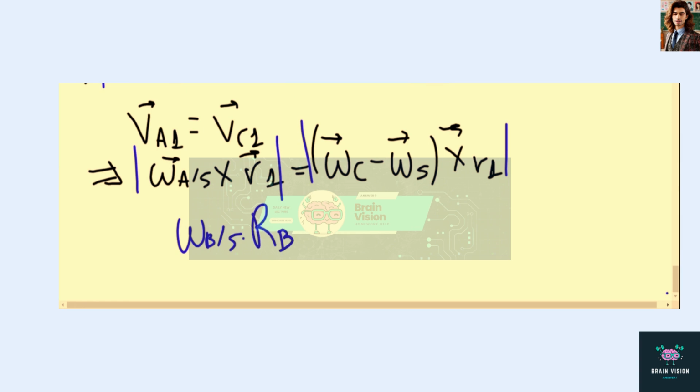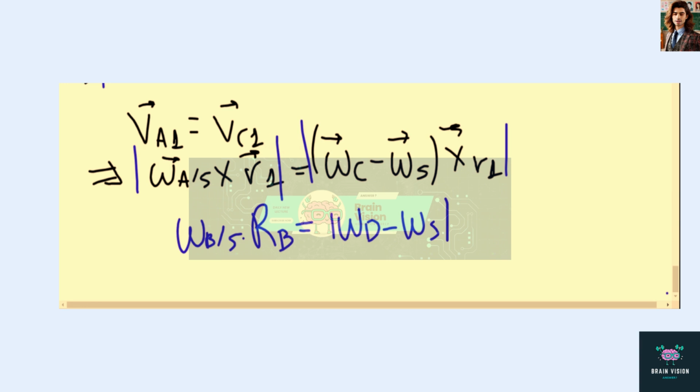This capital R B is the radius of gear B. This is the absolute angular velocity of gear D, and then the angular velocity of the shaft are in the same direction. So we don't need any vectors now.